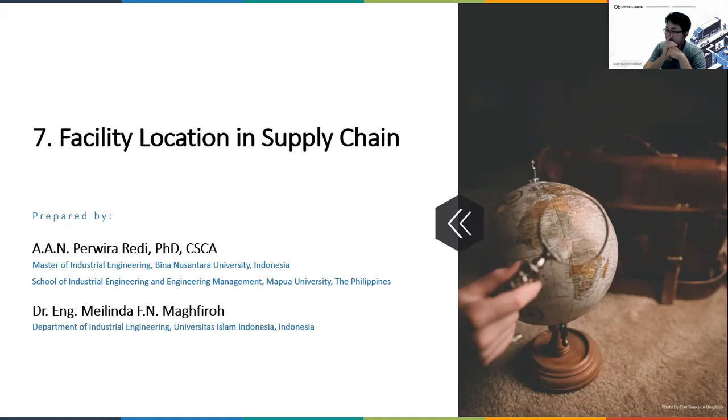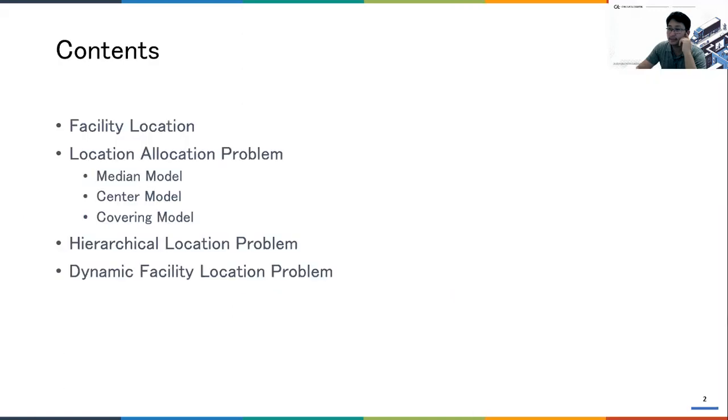And again, since this is a graduate course, I try to put as much as possible from multiple sources. But basically, for this particular topic, I have one book from Professor Daskin. I will share the book's title with you.